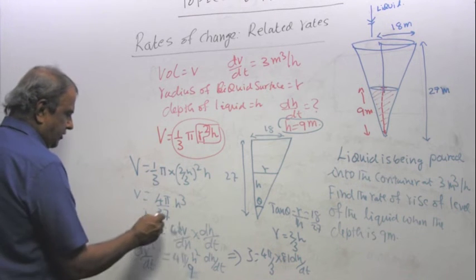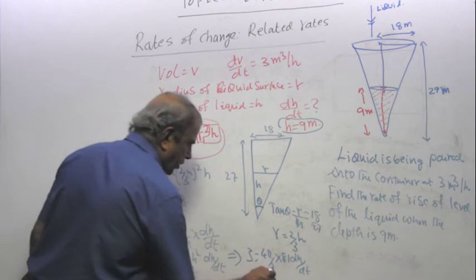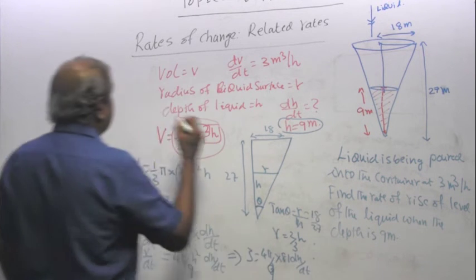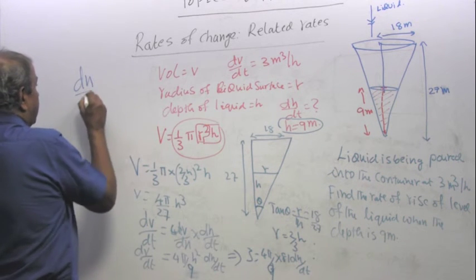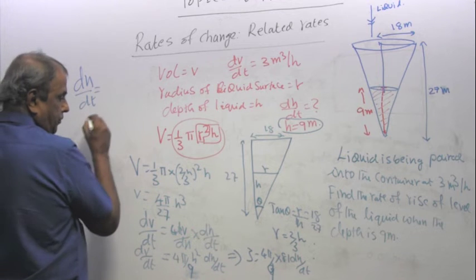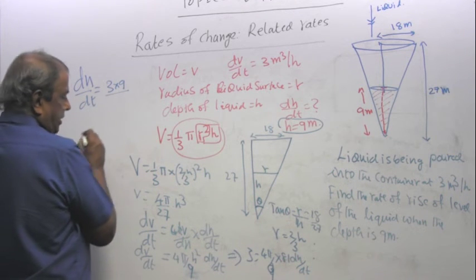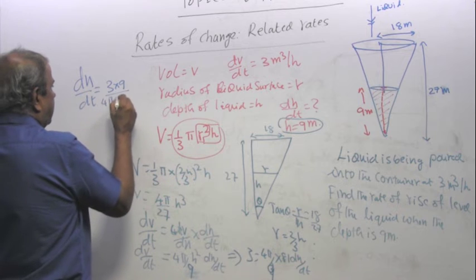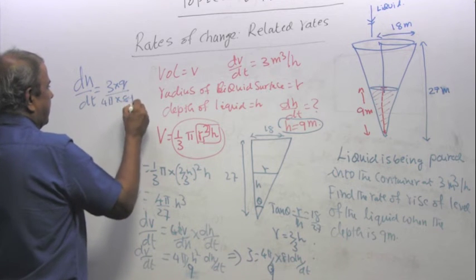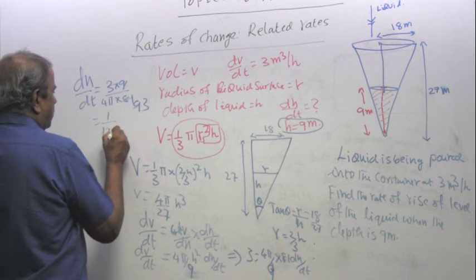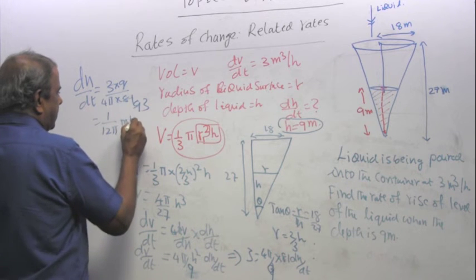You know why? 3 and 27 gives you 9. So it's 4 pi over 9. So what is dH by dt? Can I do it here? So dH by dt equals 3 times 9 over 4 pi times 81. 9 nines are 81, 3 threes are 9. So 1 over 12 pi meters per minute.